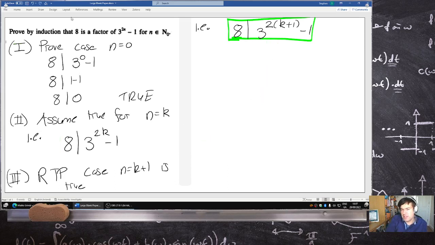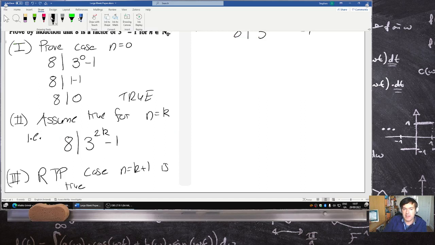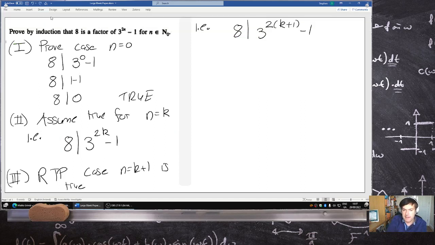I find personally sometimes easier to start with this guy and simplify it down into this guy here. So let's try and simplify this. Can we show that 8 divides into 3^(2k+2) minus 1?